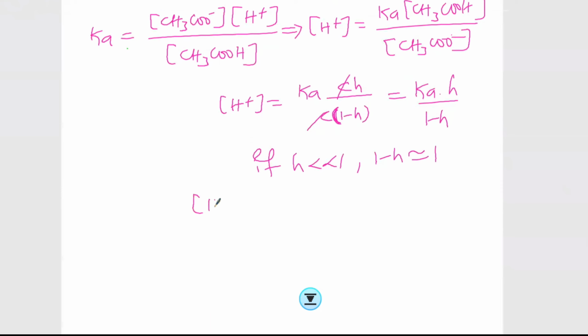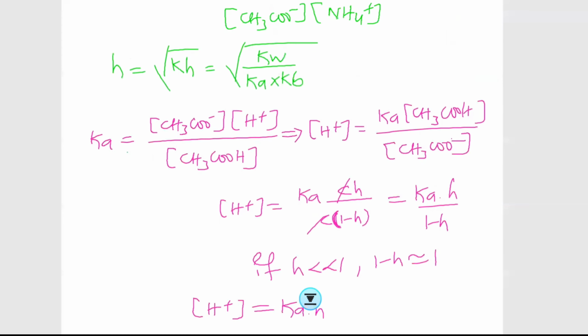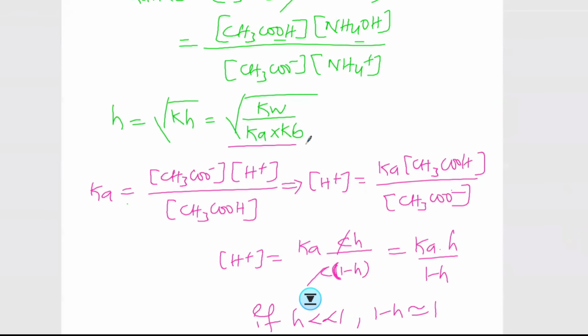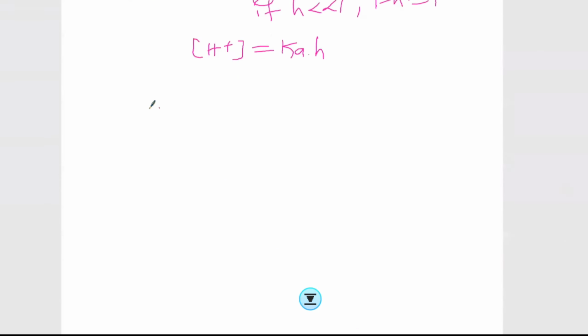So now the concentration of H plus becomes what? It is equal to Ka into h. So we know Ka into h, and h we got as root of Kw by Ka into Kb. Now we are going to substitute that.